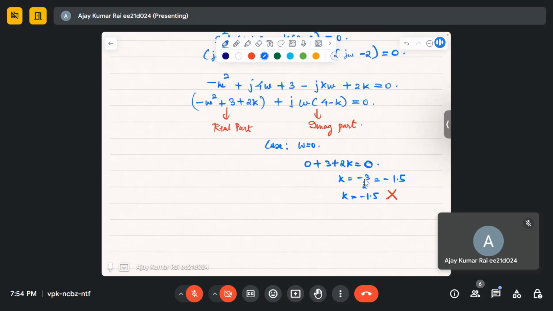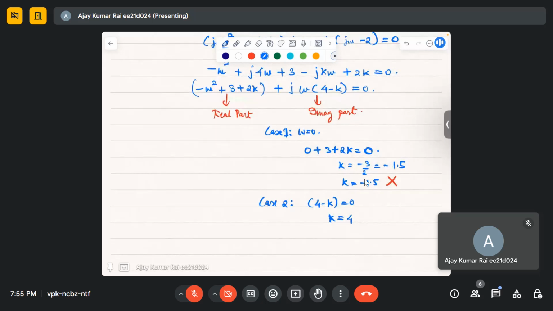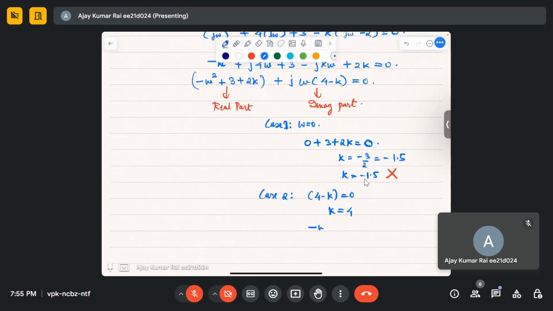Let's consider the other case. Case 2 where the 4 minus K term is equal to 0, so K is 4. If I put K equal to 4 in the real part, what should be the value of omega?